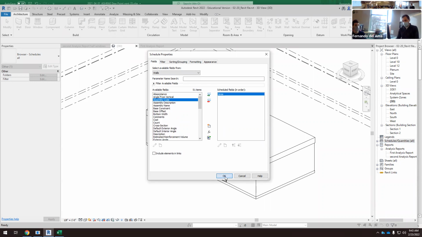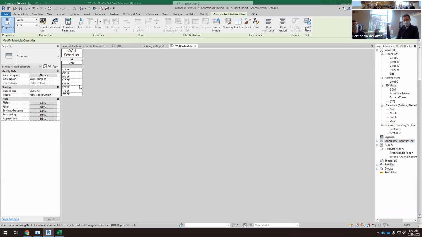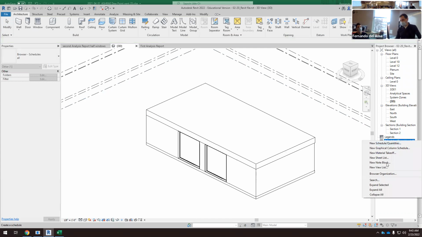And if we click OK, what do we have? We have a schedule, and we don't have the total area, but here we have the area of all the walls. Can we rely on that? I don't think so. I don't like this schedule, so I'm going to create another one, because here it's taking into account also internal walls, and we only want the walls of the perimeter.